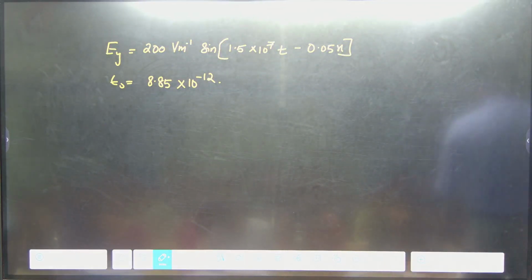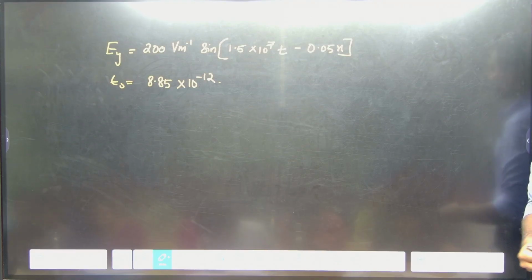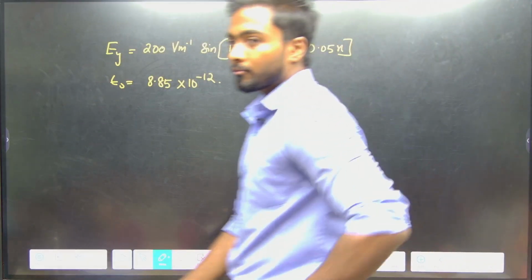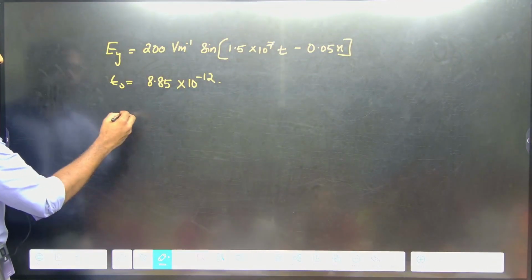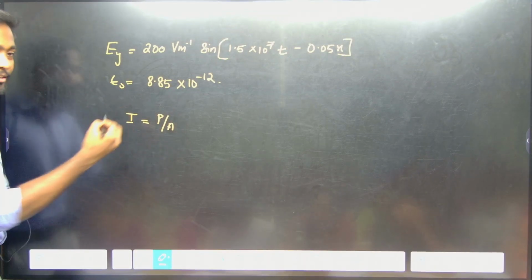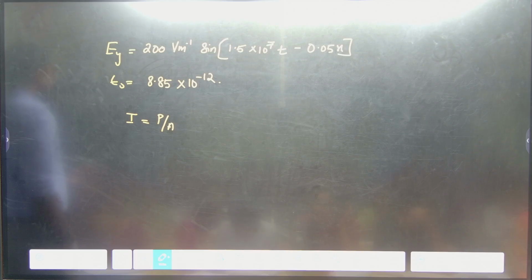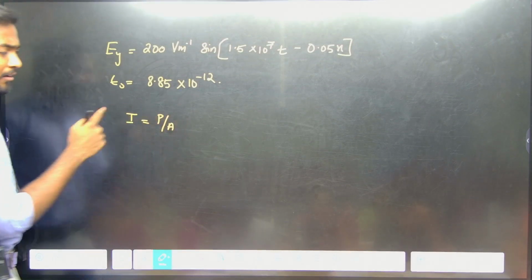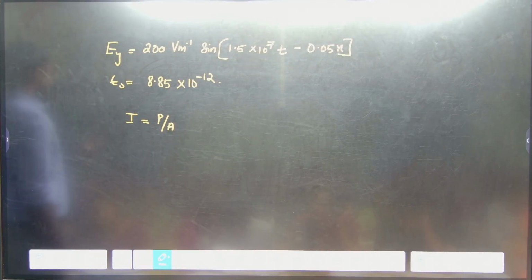So what are the formulas we have seen for intensity? I is equal to P by A. Then tell every relation we have seen in terms of intensity.